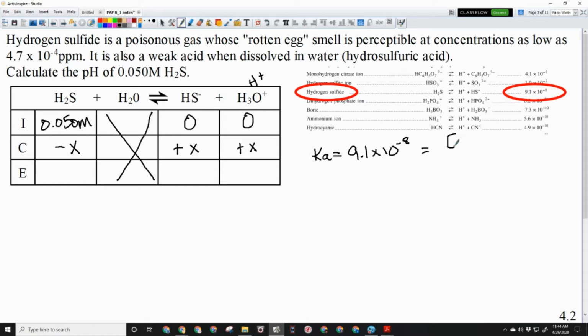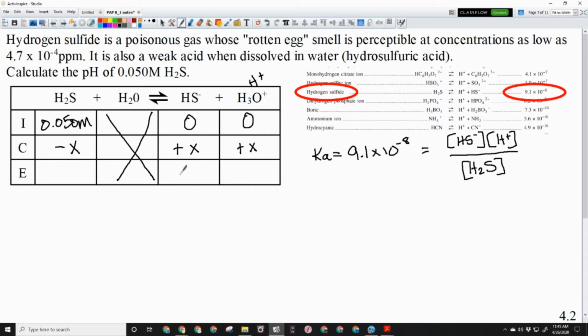It's the concentration of HS times the concentration of hydrogen over the concentration of H2S. This is equal to 9.1 times 10 to the negative 8th because this is the Ka for hydrogen sulfide.